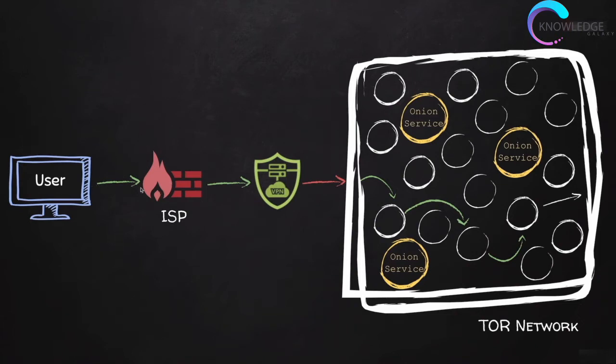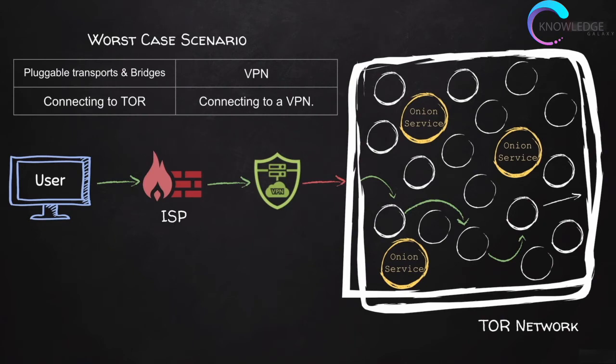So the internet service provider cannot see that you're trying to connect to Tor. All it can see is encrypted data going to some server on the internet. Therefore, in the case of the pluggable transports and bridges, in worst case scenario, the internet service provider or the admin or the government will be able to see that you are trying to connect to Tor, which could cause problems in some countries.